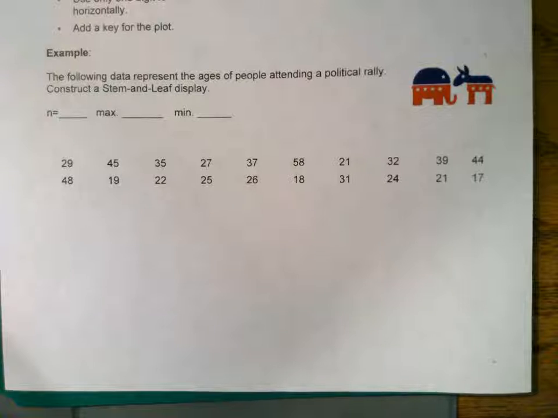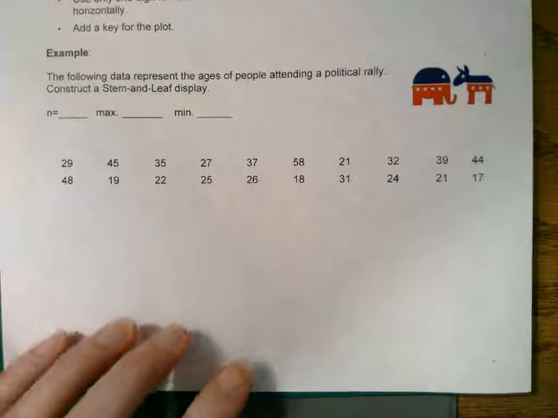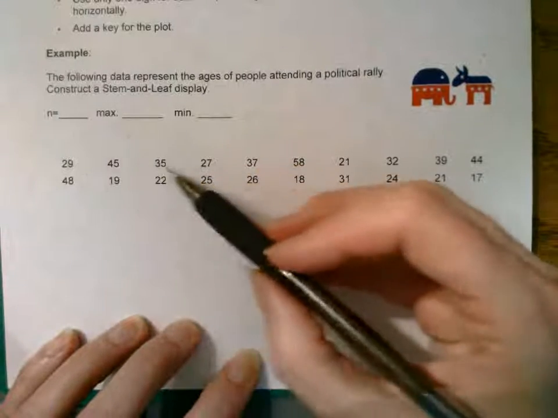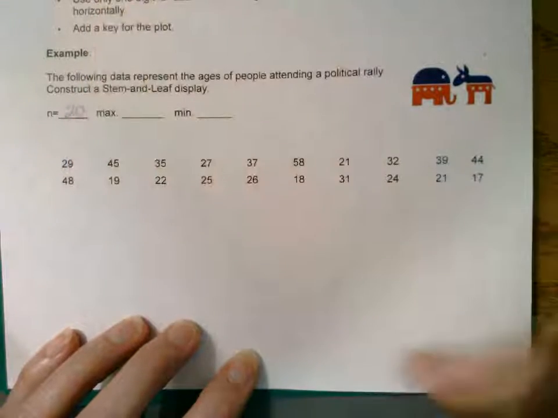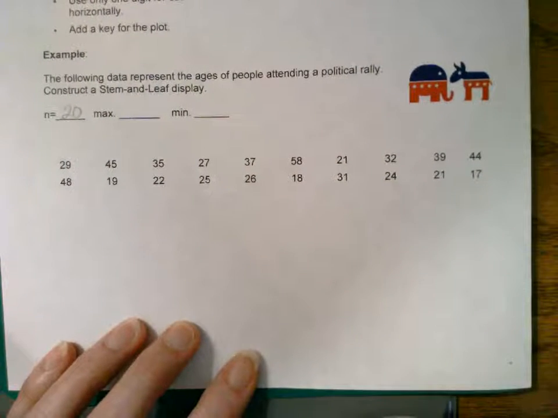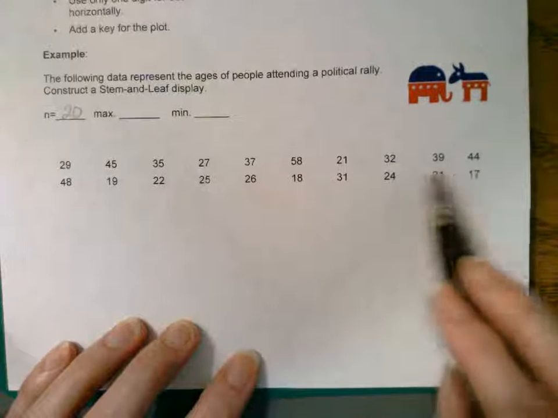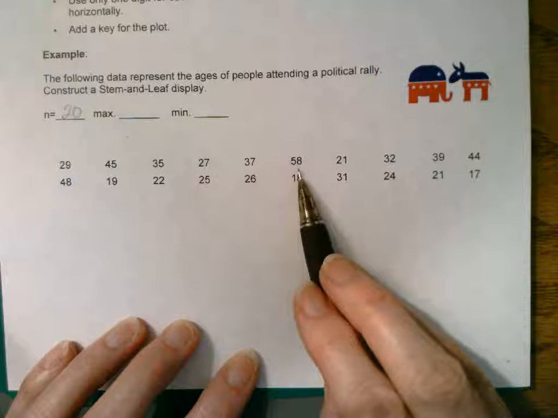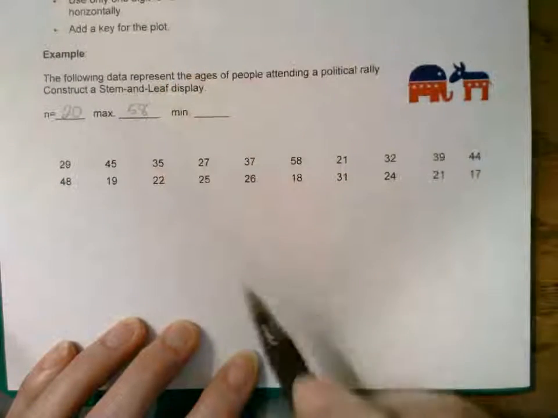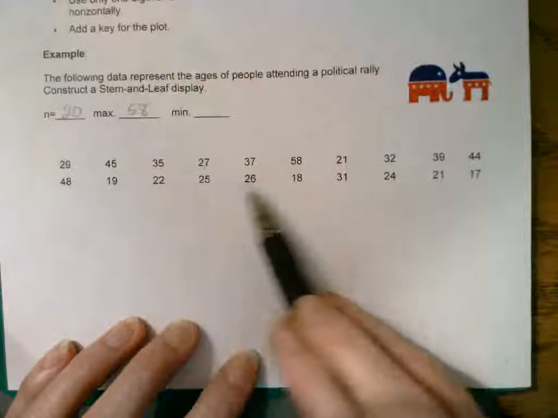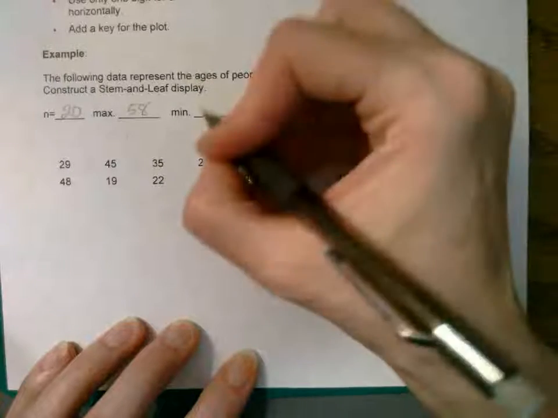Okay, so let's do this one here. The following data represents the ages of people attending a political rally. Construct a stem and leaf display. Apparently there are 20 numbers here in my data, and we need to find the maximum. They're clearly not ordered, and most of them are 2 digits. 58 is the maximum and the minimum is 17.